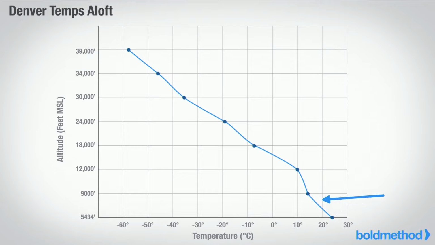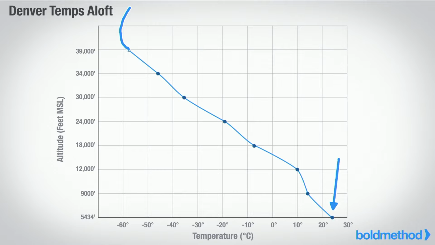You can see that air temperature drops off quickly up to 9,000 and then a little slower, and then it continues dropping all the way up to 39,000. Had this sounding gone up into the stratosphere, you would have noticed that this would have probably started to level out and maybe even increase.